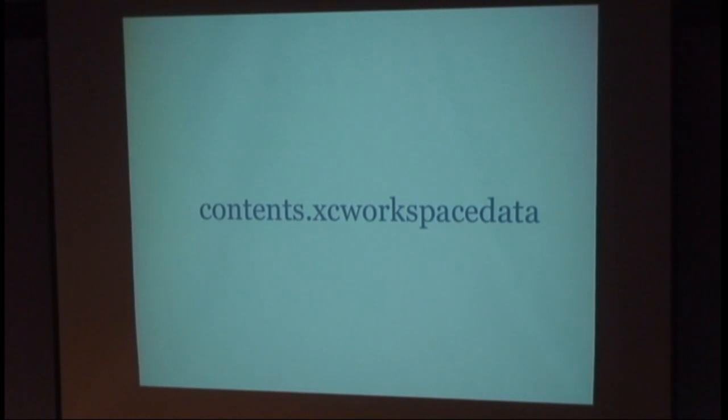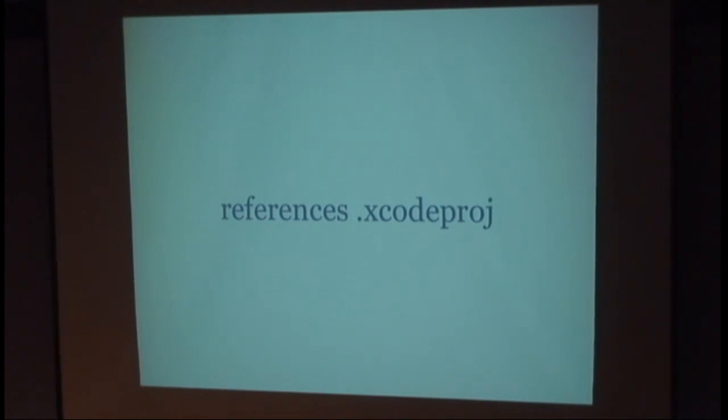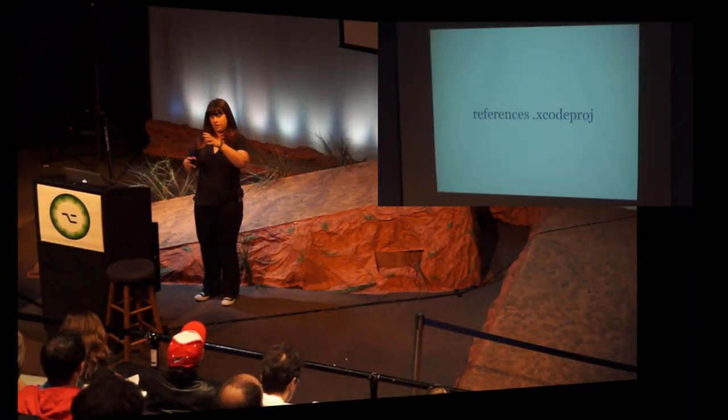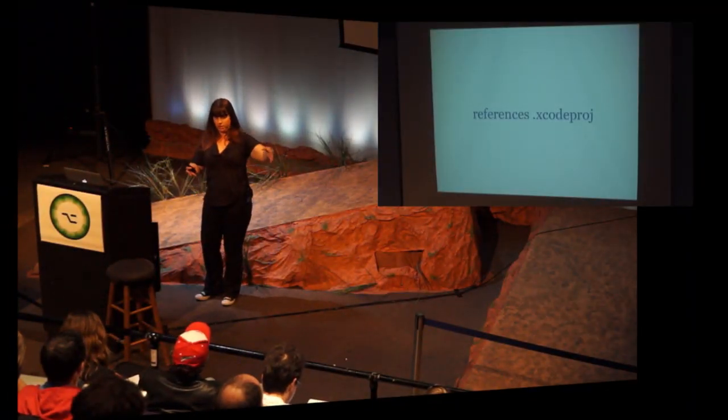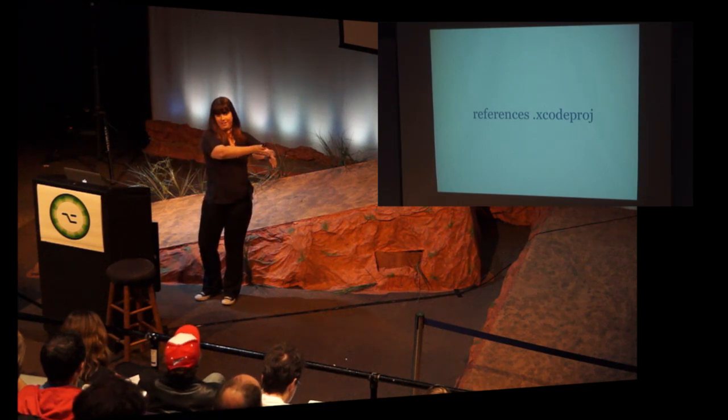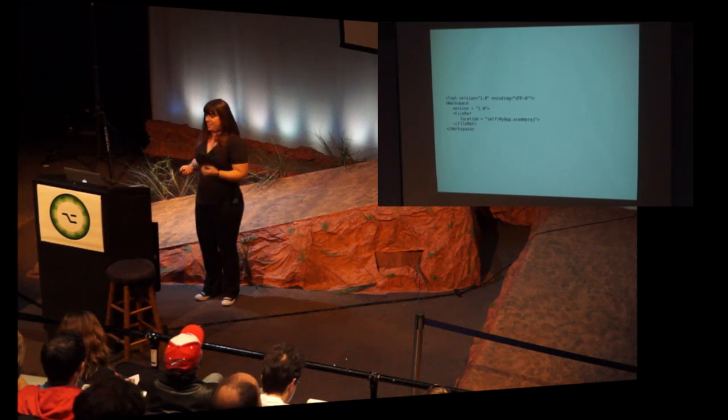And I'm just going to talk about the contents.xcworkspacedata, which is the most important thing, because it is just an XML file that references your xcodeproj. So yes, this is a file inside of a file folder that references that grandparent file folder. And this is all that it has.